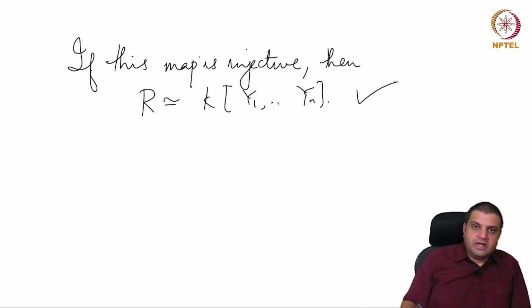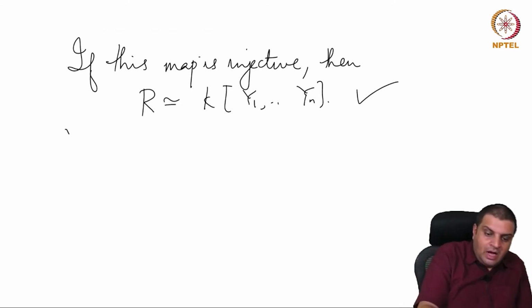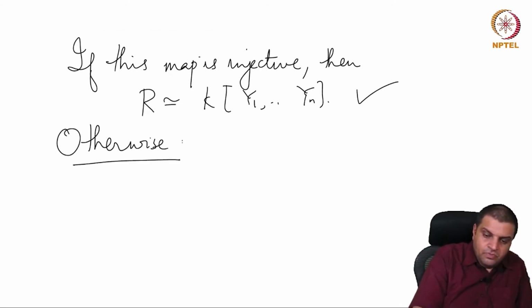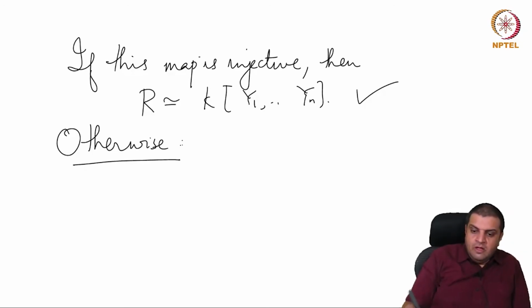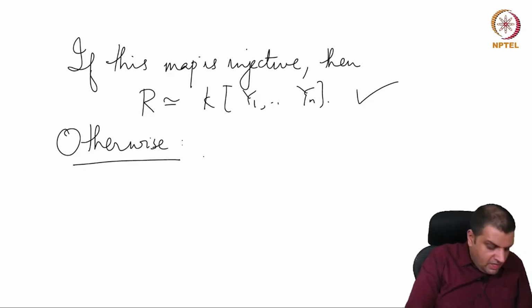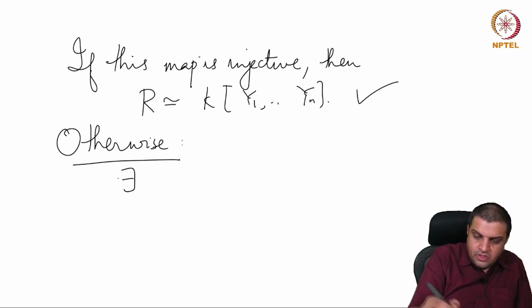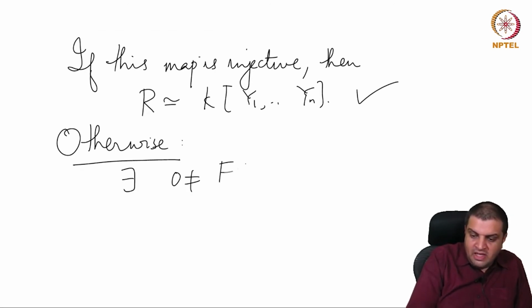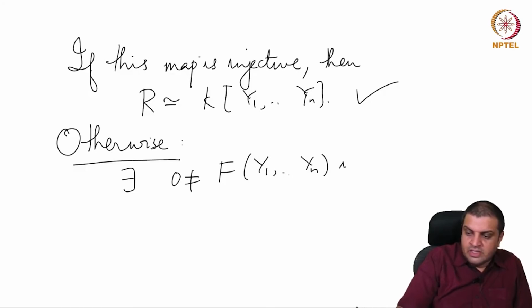So it's just even the identity map. Okay. Otherwise, there exists some non-zero polynomial f of y1 through yn in its kernel.